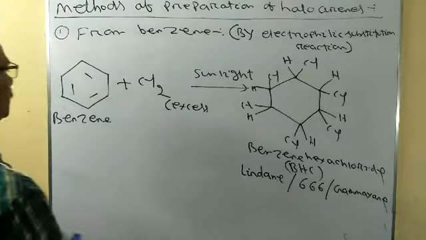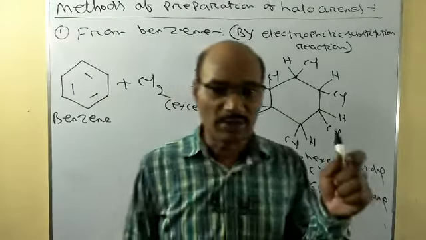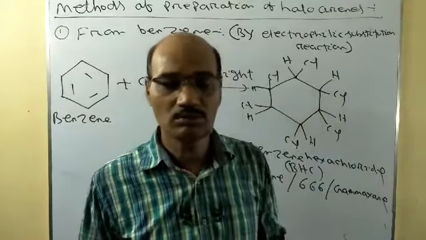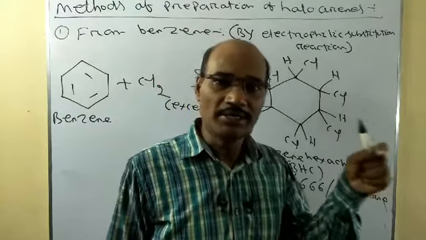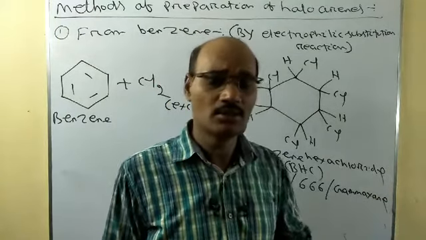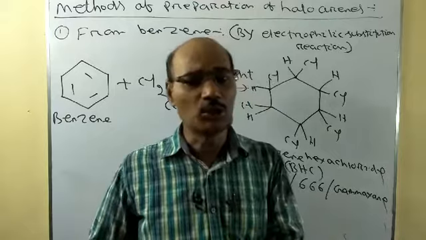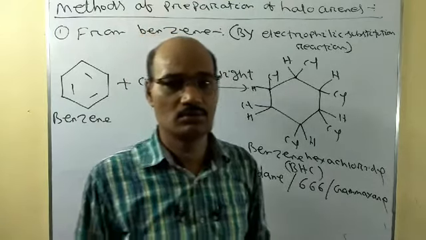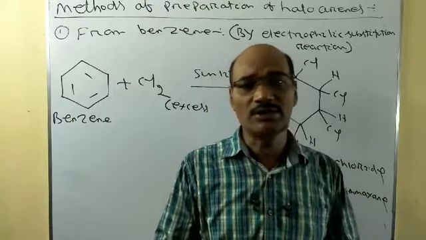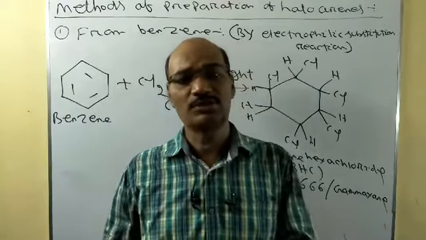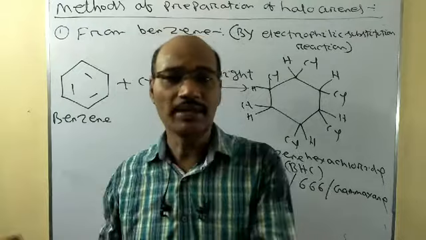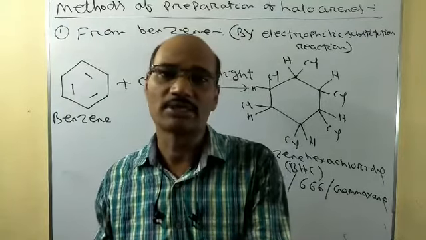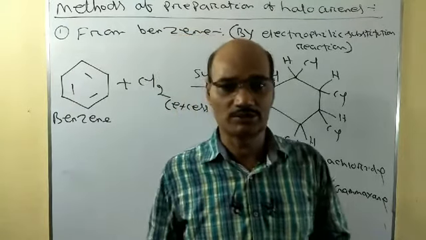Okay, so benzene with halogen, then anhydrous AlCl3 halogen carrier, dark condition, electrophilic substitution, will give haloarene. Benzene with excess halogen in presence of light will give benzene hexachloride, the addition product.